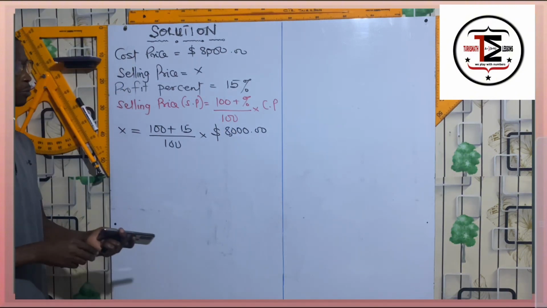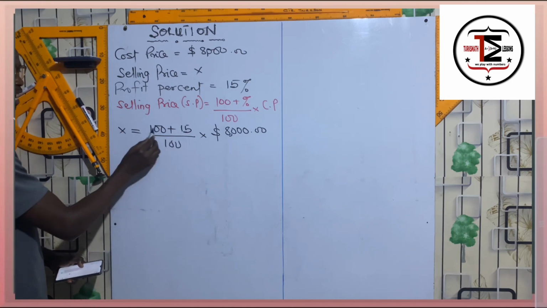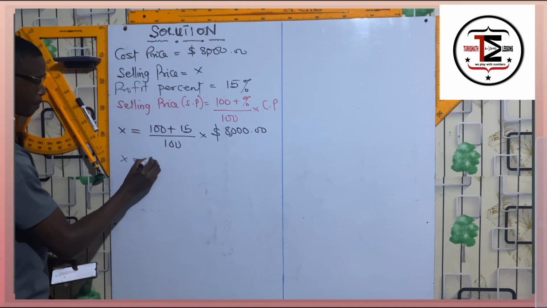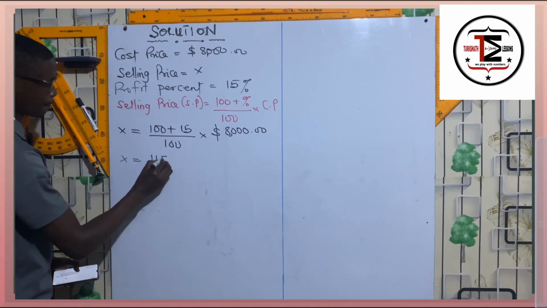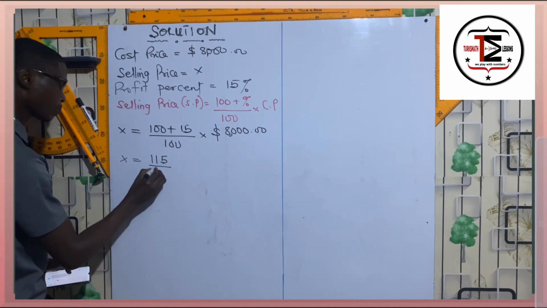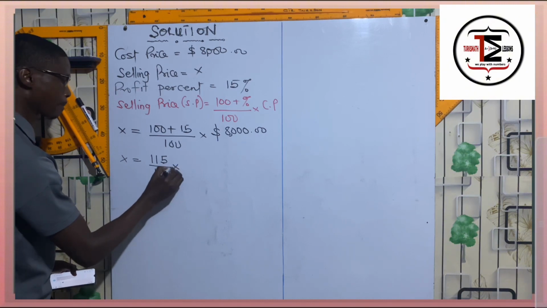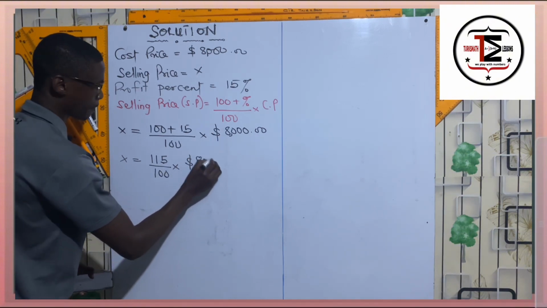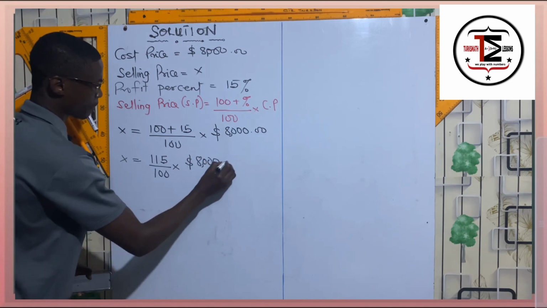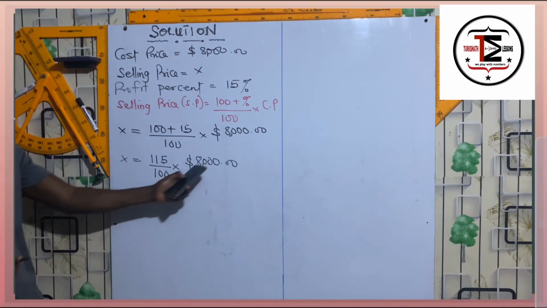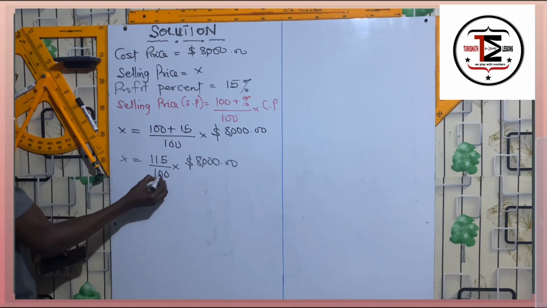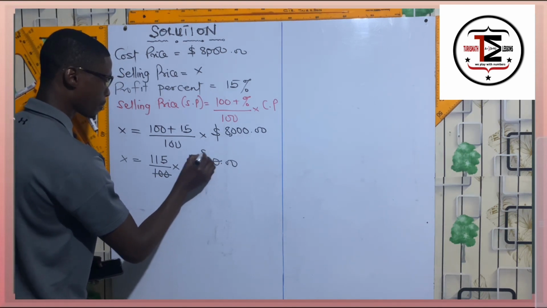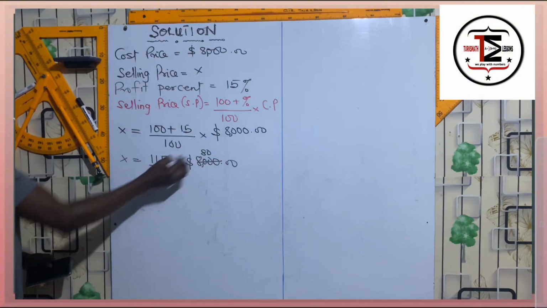Good. So from here, let's add this 100 plus 15. So we have this nicely. So you need to simplify. So here how many times? 80 times, okay?